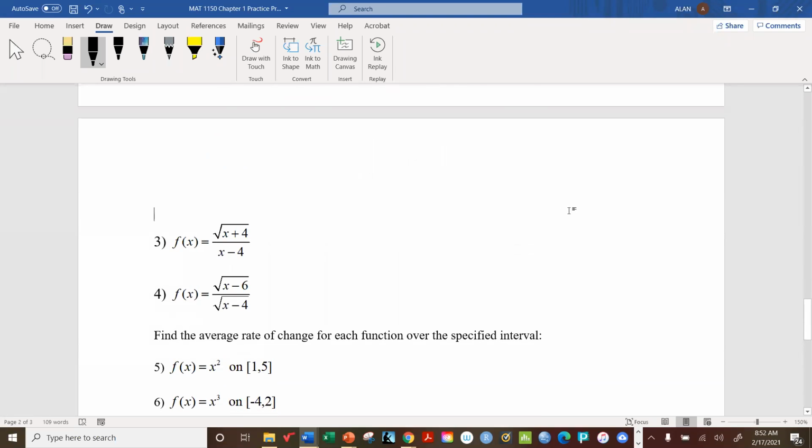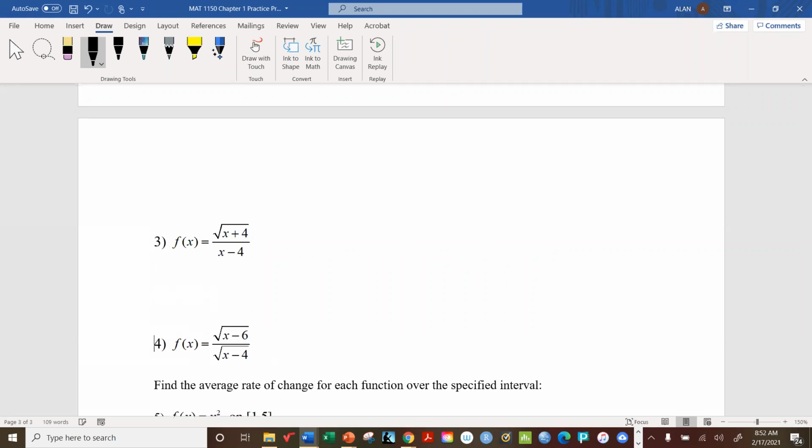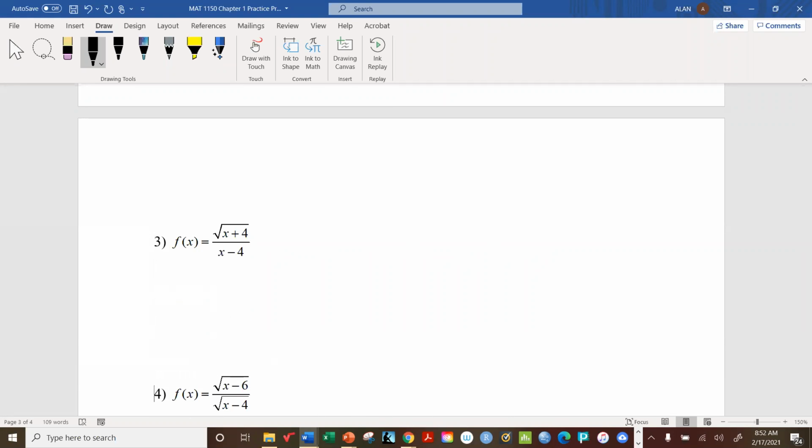Now, this one is as straightforward as it gets, although maybe not. At first glance, it looks like it's going to be easy, but then we notice something else here. Certainly, x can't be 4. But what else can it be?